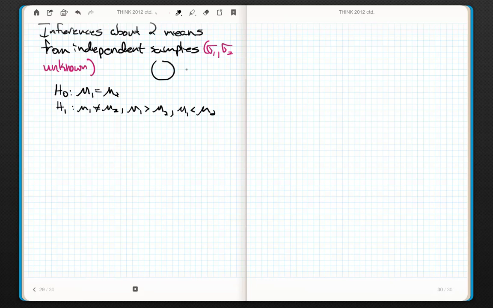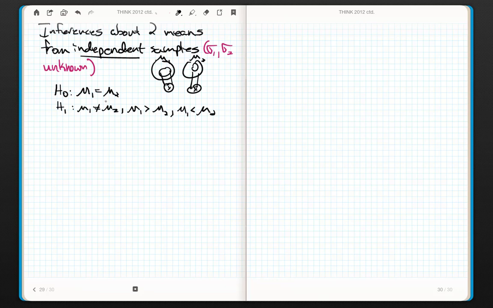Remember, what we're doing is we've got two populations. Now, these are called independent samples, which implies that these populations have to be independent. This population is going to have its own mean, and this one is going to have its own mean, which we don't know. We're going to draw out a sample, just like we did before, we're going to draw out a sample here, and we're going to compare them. We're going to get X bars, etc. Okay? Fair enough? Nothing to it.